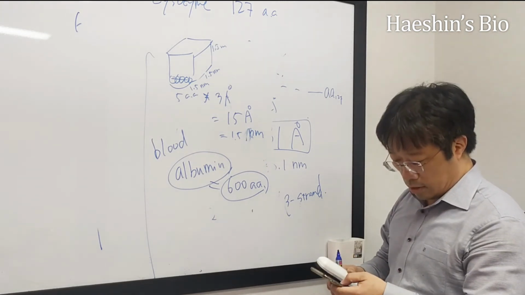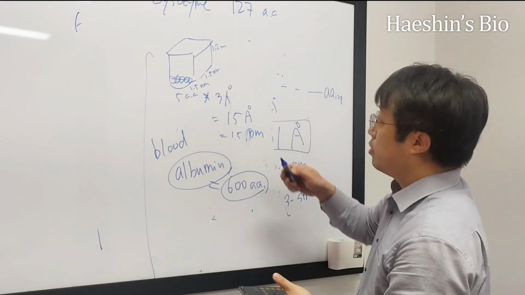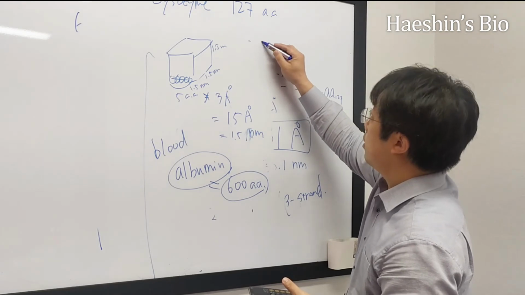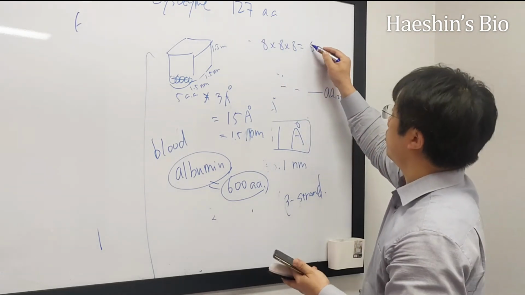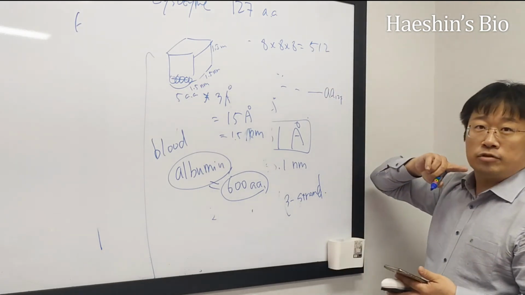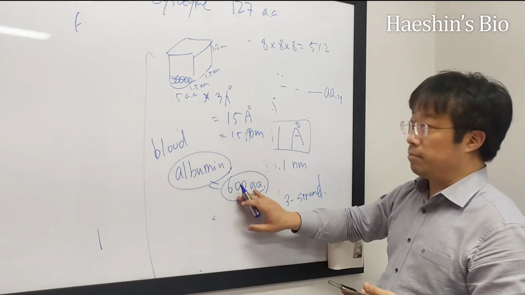If you think about 8 amino acids times 8 times 8, that gives 512 amino acids. It's a little bit less, but it's about the same, right?